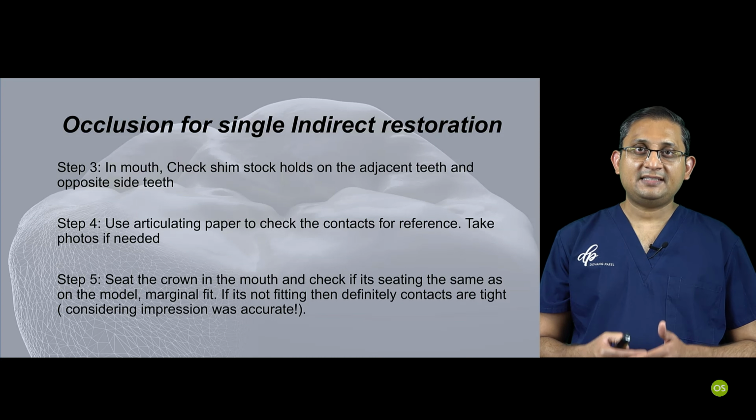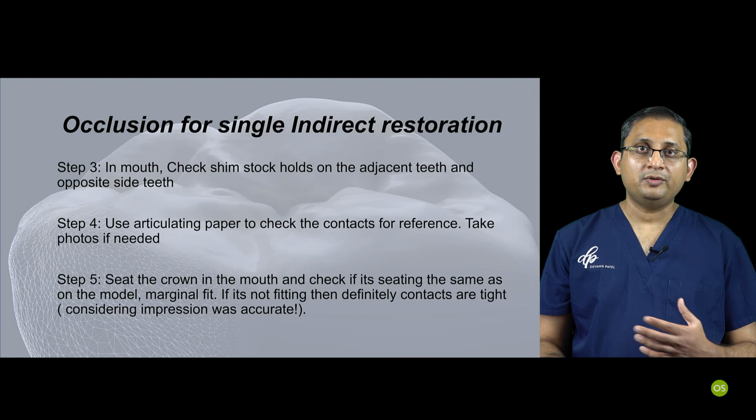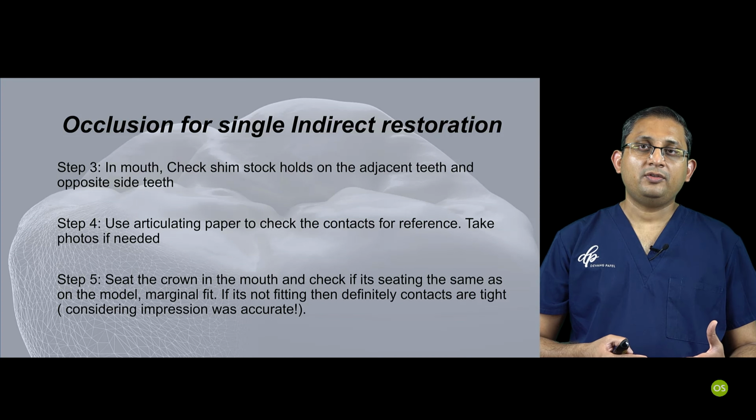If it seats the same as on the model and contact points are fine, then great. However, if it doesn't seat the same as on the model, so if the marginal fit is not great and the contact points are open or something like that, then you need to really ask whether the impression was accurate or not.